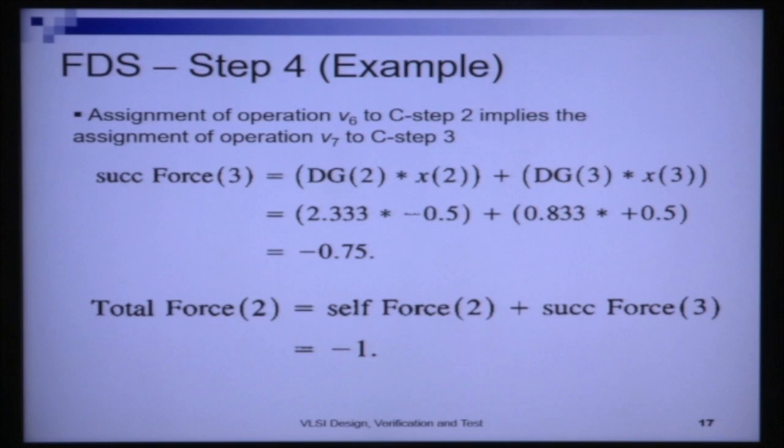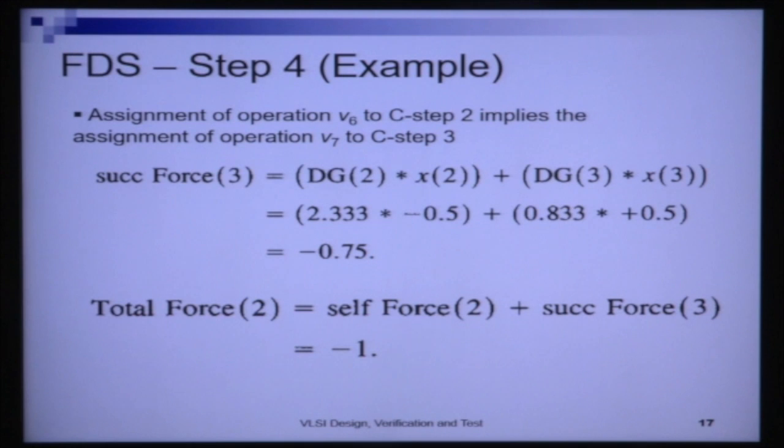It will be dg2 into x2, because it is possible to schedule operation V7 at time step 2 and time step 3, but I have not scheduled it in time step 2 because my time frames have reduced, and I have actually scheduled it on time step 3.